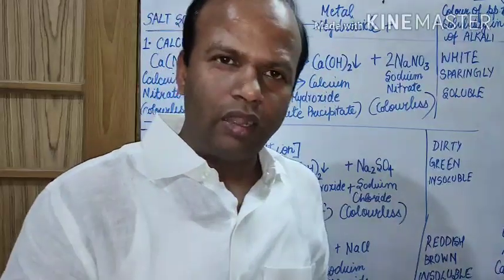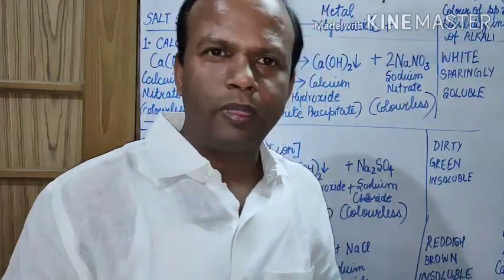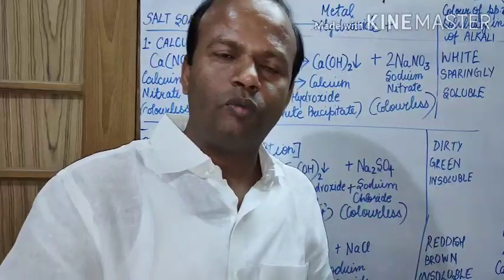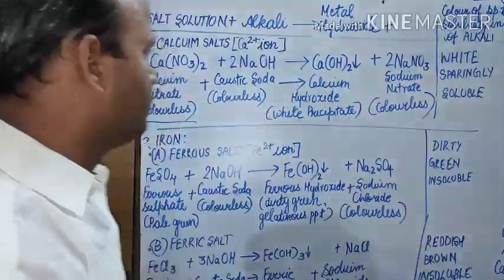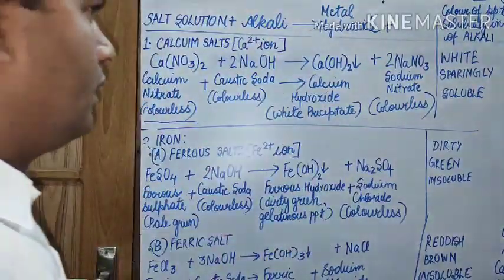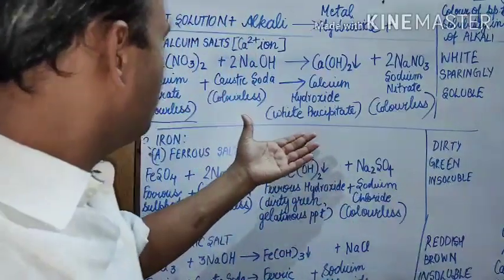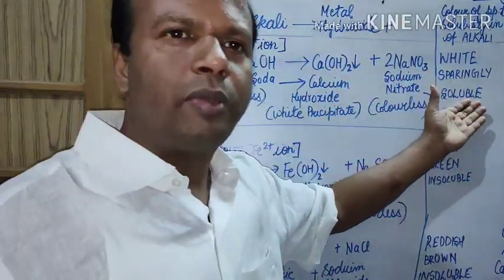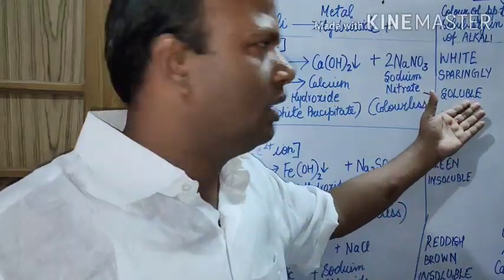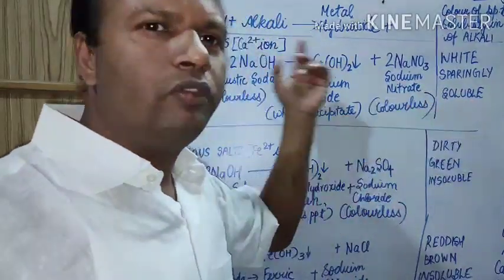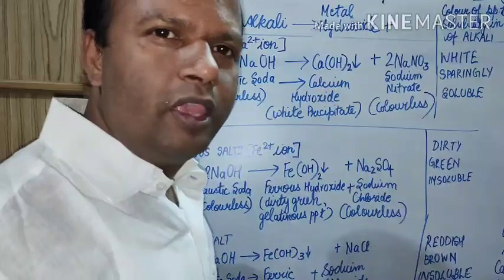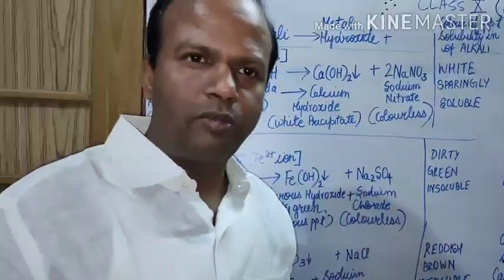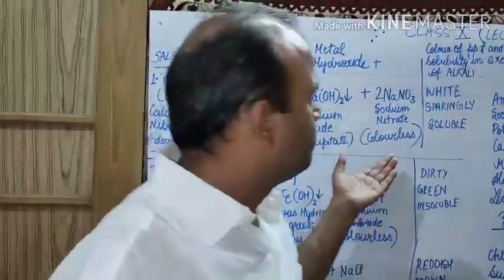Because the white precipitate we can get in zinc also, in lead also, in calcium also. If we get a white, sparingly soluble precipitate, it will be calcium plus 2. If we get a gelatinous white precipitate, it will be zinc plus 2.